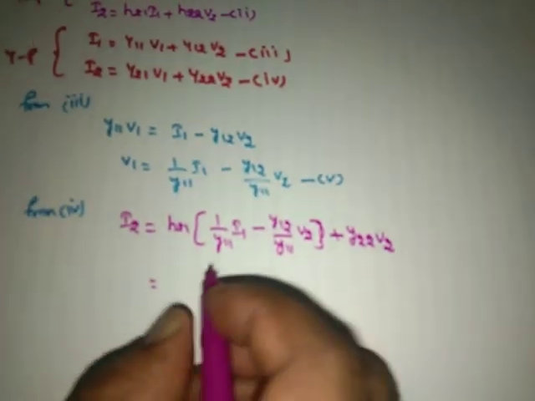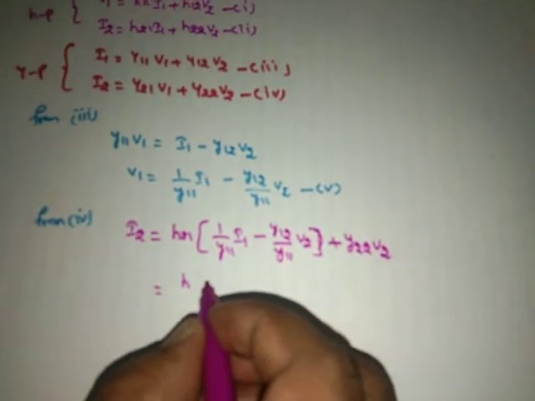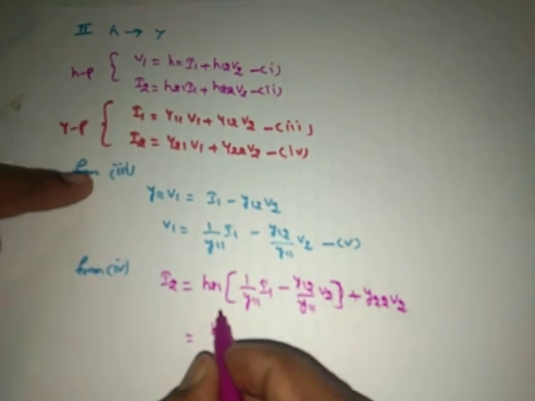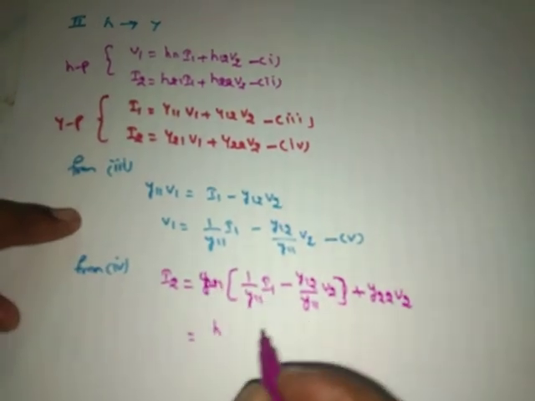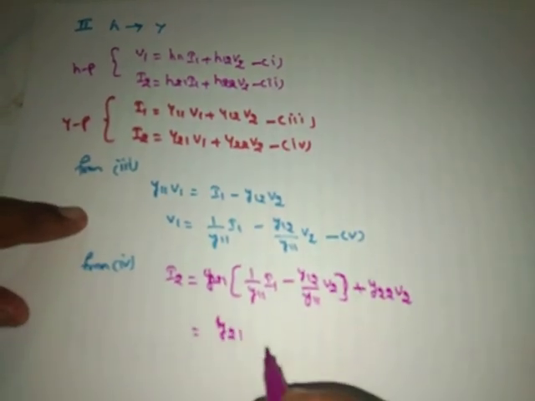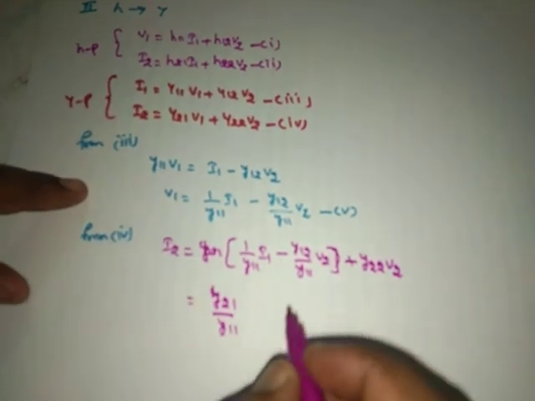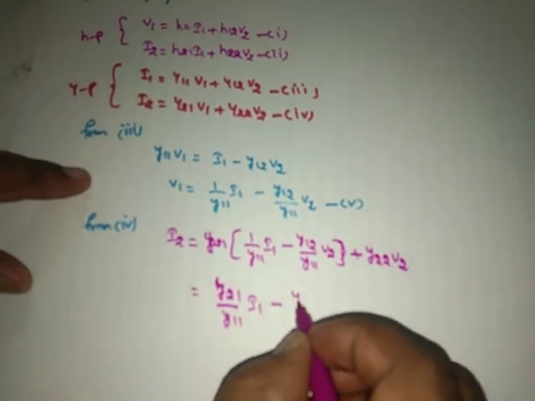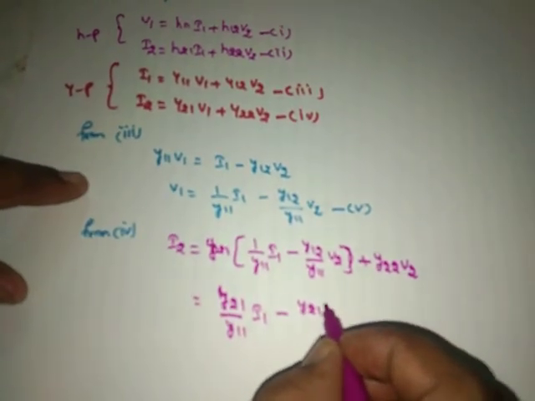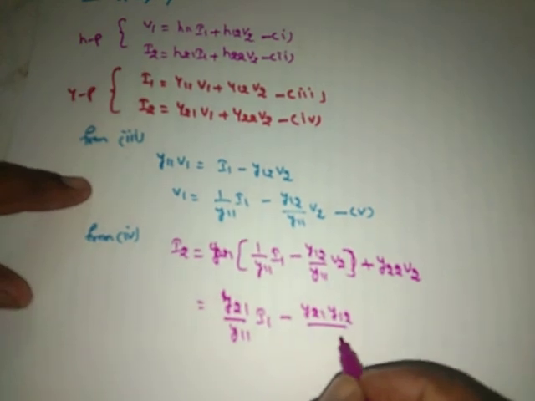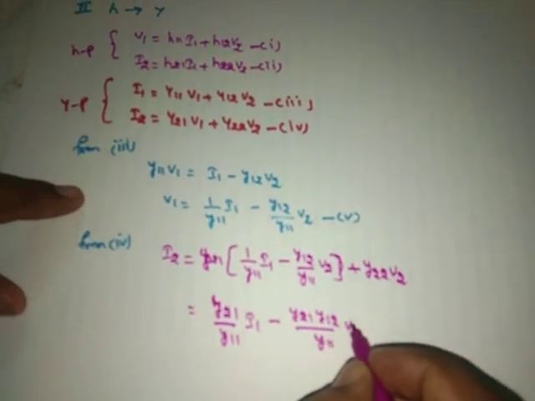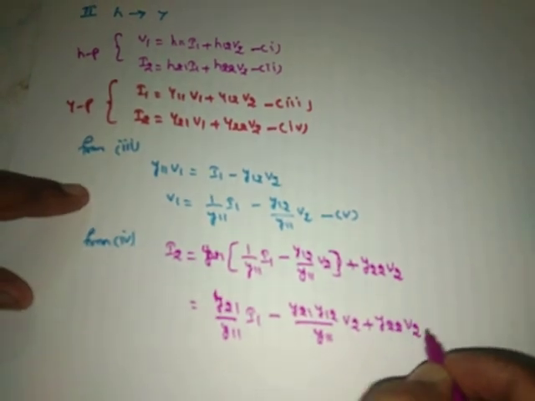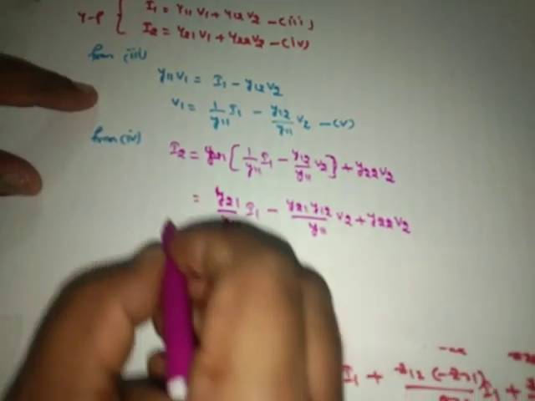Simplify. I2 is equal to Y21 by Y11 I1 minus Y21 Y12 by Y11 V2 plus Y22 V2. That is equal to, simplify this one.